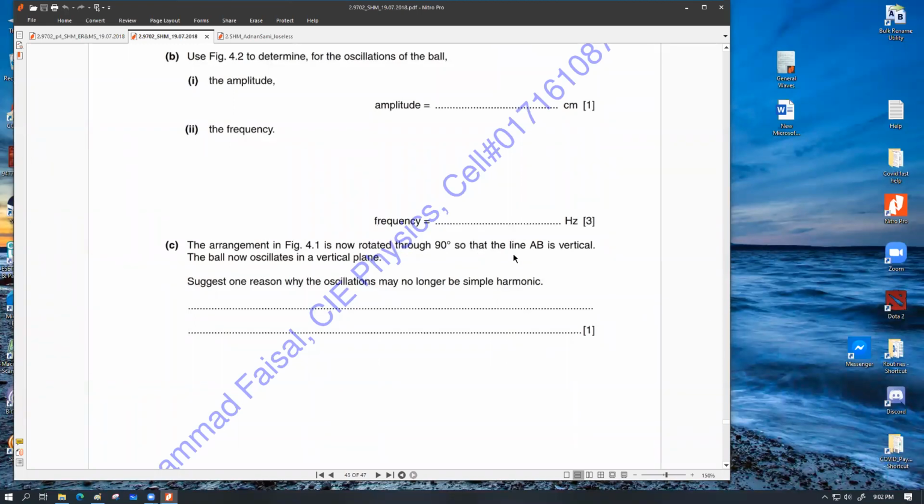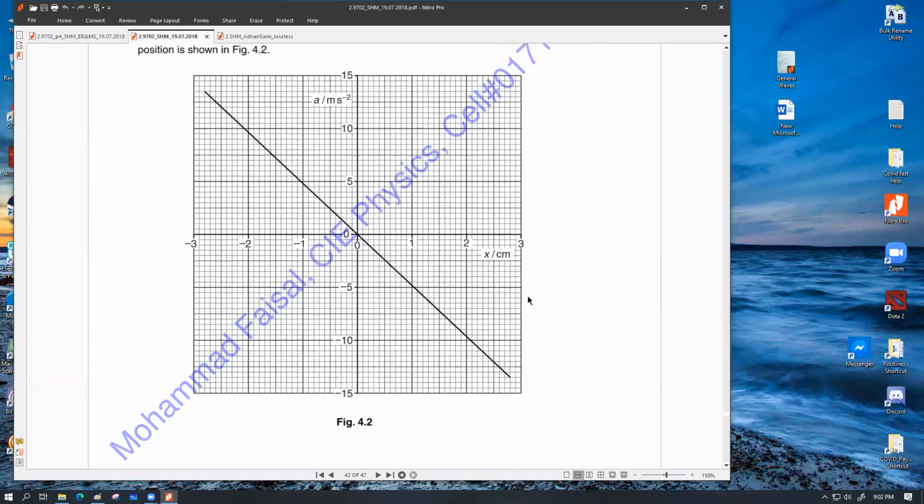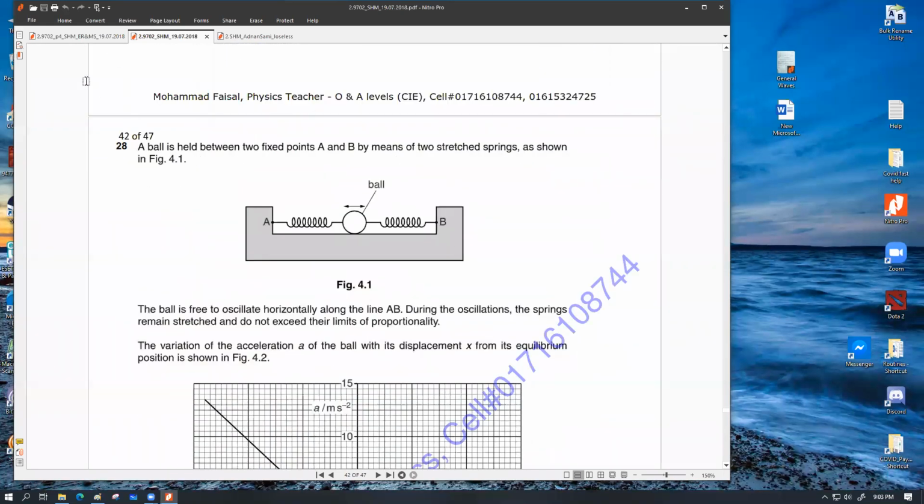rotated to 90 degrees so that AB is vertical. So that's one reason why the oscillations may no longer be simple harmonic. Whenever this setup is rotated to the vertical position, the equilibrium position changes. Let me copy this.